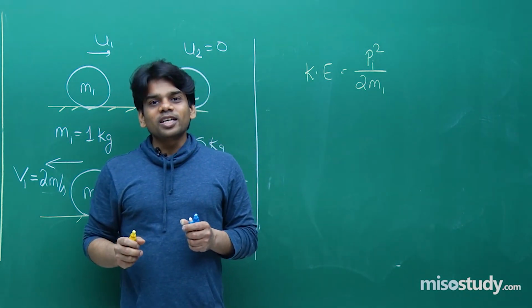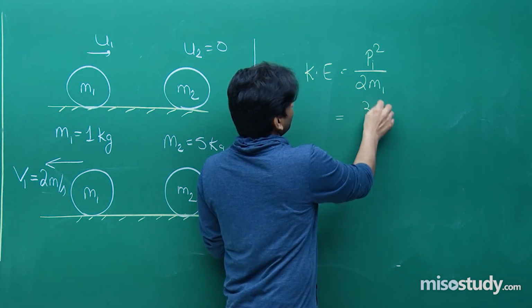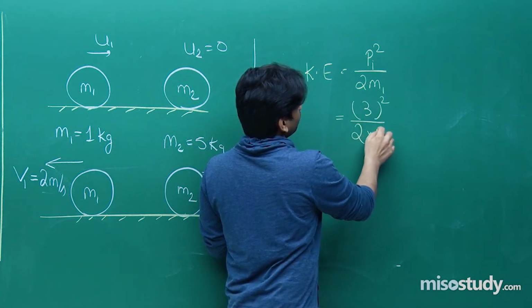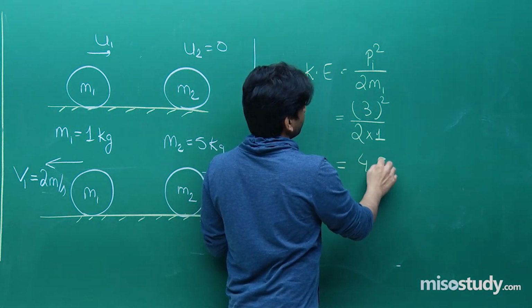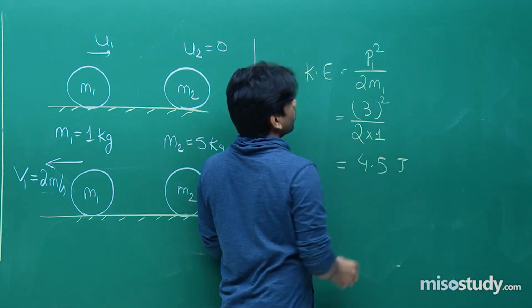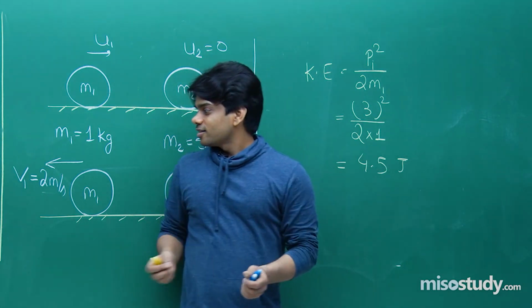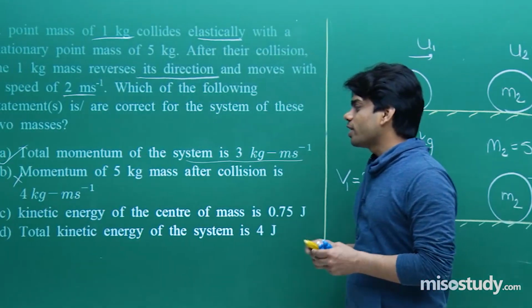Now initial momentum we have evaluated as 3, so we can write this as 3 whole square by 2 m1, that is 1. This comes out to be 4.5 joules. P square by 2m comes out to be 4.5 joules. So that is not 0.75 joule. We can clearly see that is not 0.75 joule.